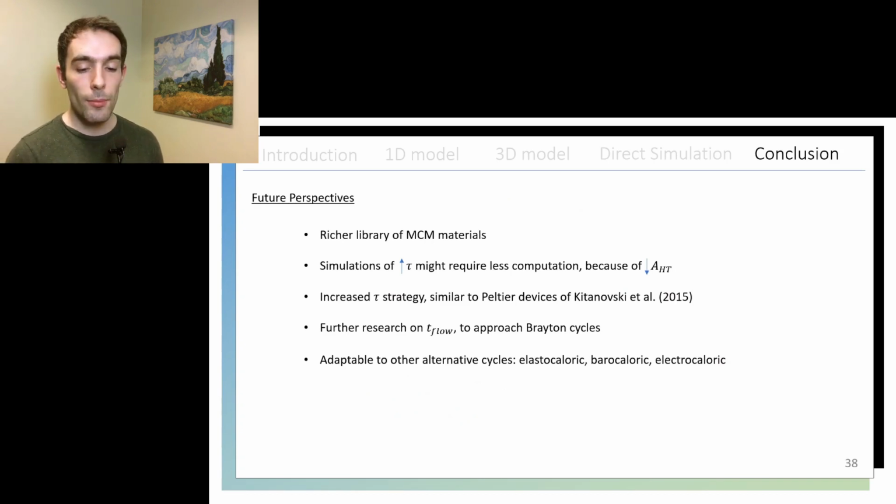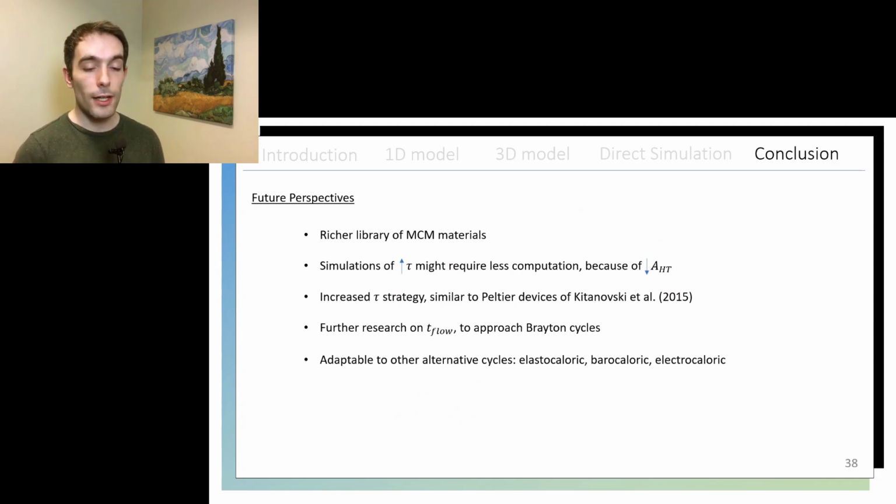So the proposition I made earlier in the last slide of increasing the tortuosity of the fluid surges, I think is similar to the proposition made by Kitanovski et al. in their book of introducing Peltier devices to control the heat transfer between the solid and fluid phases. In this case, we would be using the Nusselt number to control the heat transfer of the regenerator between the surges and the demagnetization processes.